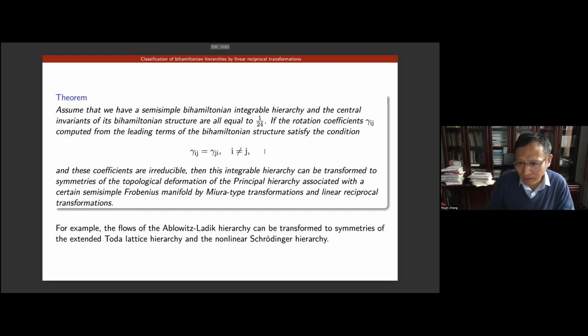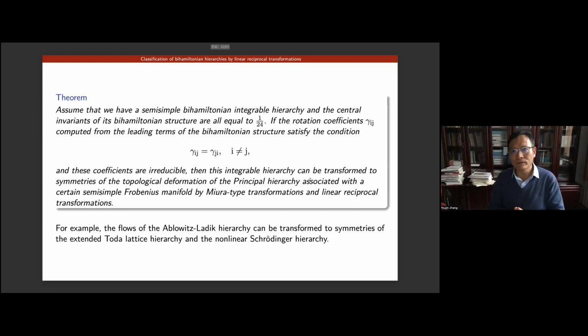This principal hierarchy has many bihamiltonian deformations, and one particularly important deformation is called the topological deformation. It corresponds to integrable hierarchies that relate to topological field theory. So we ask: given a semisimple bihamiltonian integrable hierarchy, under what condition is it related to the topological deformation of the principal hierarchy of a certain semisimple Frobenius manifold, by Miura type transformations and linear reciprocal transformations?